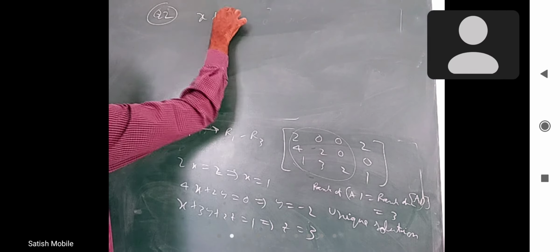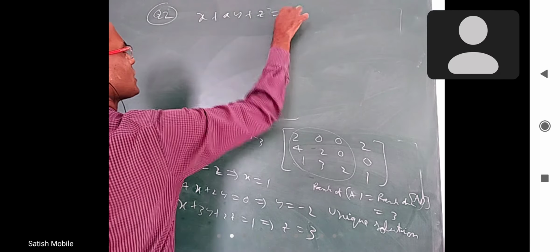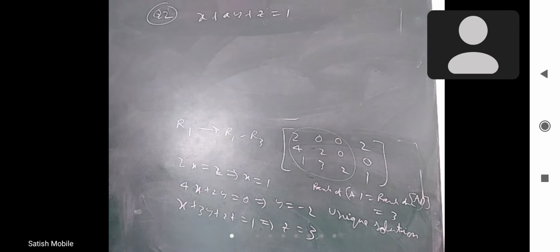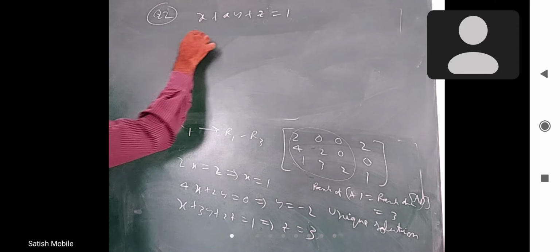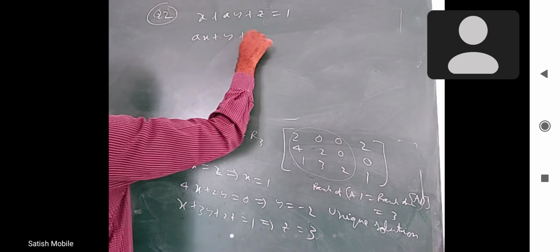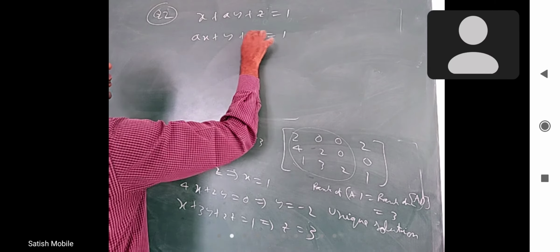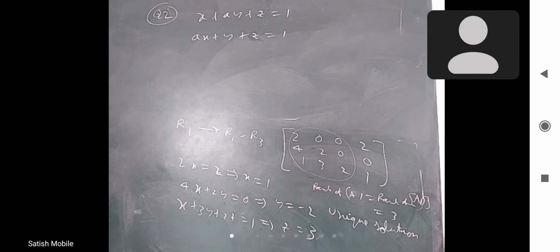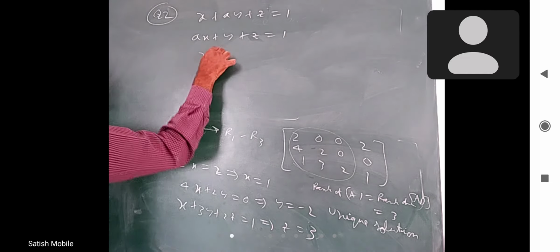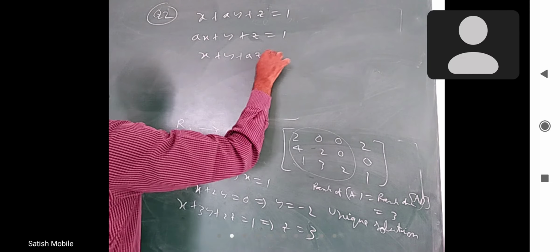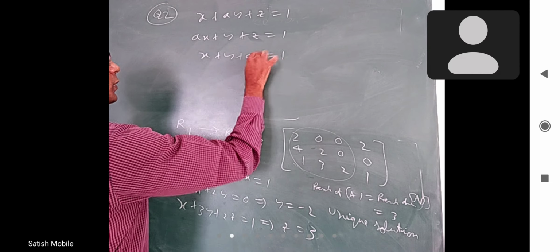x plus ay plus z equal to 1. a plus y plus z equal to 1. And x plus y plus az equal to 1. Okay.